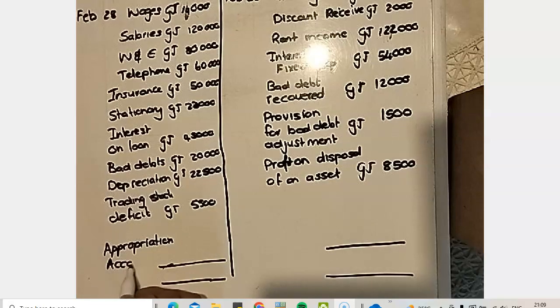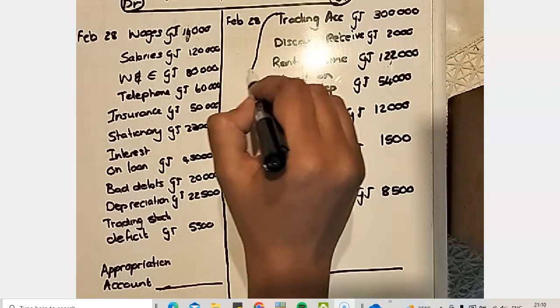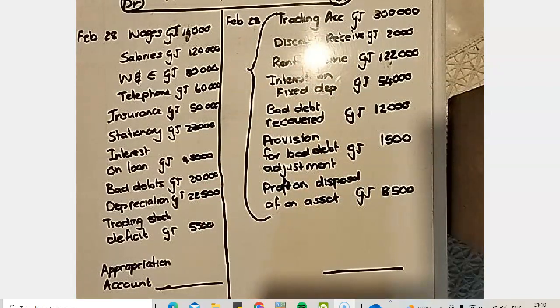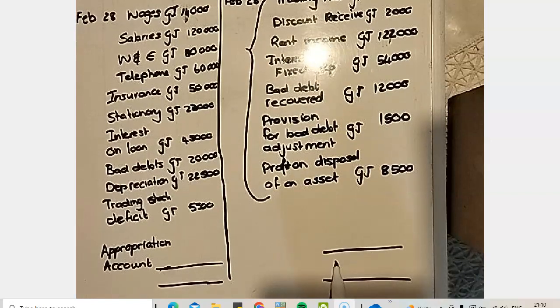Okay, so what I mean about that is I have to add up all my income. So all my income will add up to 500,000. This means what's on the credit side needs to be on the debit side because you need to balance. That will be 500,000.